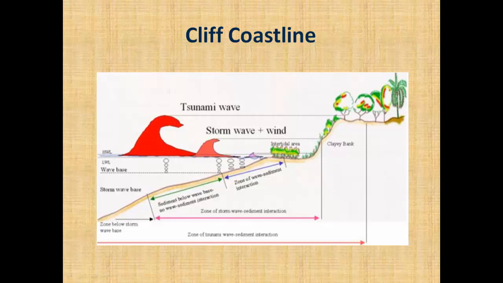So the slope is unstable, and so weathering and wave action is the main cause of erosion with cliffs, especially at low tide. When we have extreme wave action, it causes less of an effect.